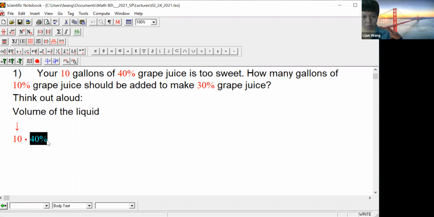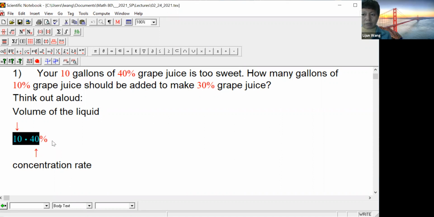multiply the concentration. Concentration means just how dense it is with the substance. So 40% is another quantity, we call it concentration. And this is also the word used in chemistry. Concentration is a rate. So we have the volume of the liquid and the concentration of the liquid.